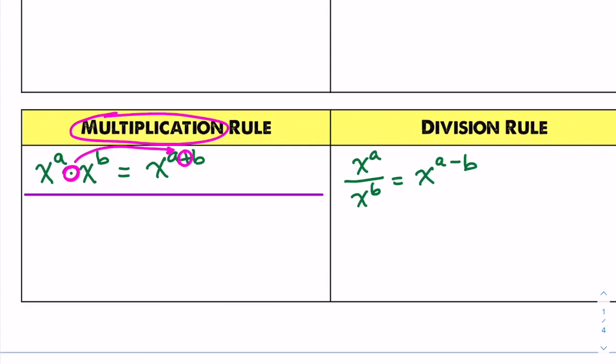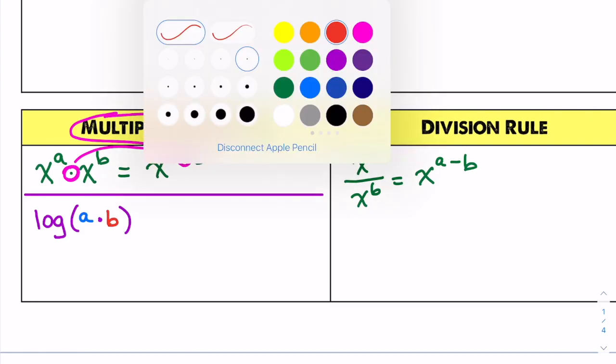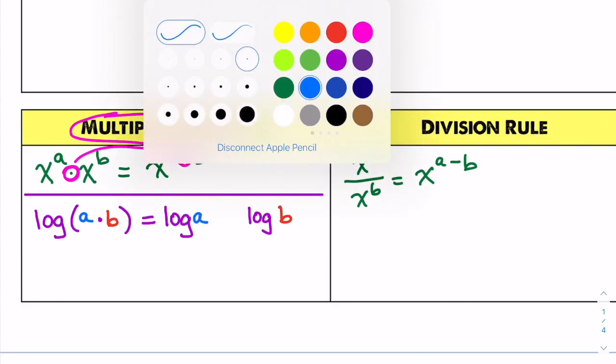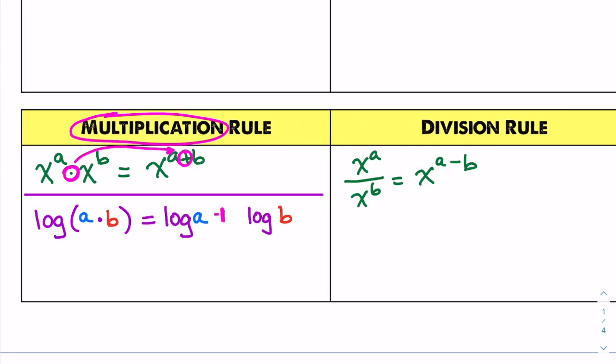So very similar to the exponent rule, it says if you have log of some multiplication, so there's some multiplication going on inside, say between A and B, then pretty much this is the same thing as writing it as 2 separate logs, and just like you would think for the exponent rule, we're going to go ahead and put a plus sign in between.